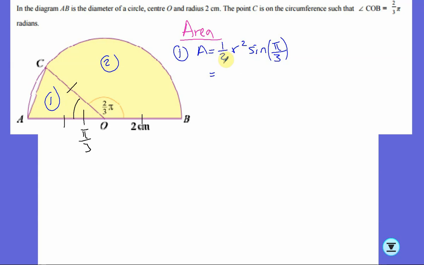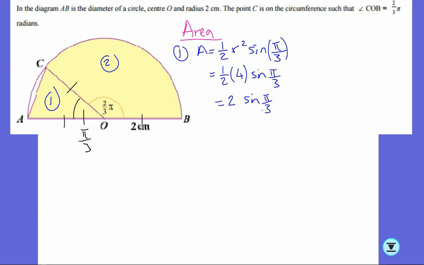Now we have the radius, so I probably should have put this in all at the same time. So that's going to be 4, right? 2 squared is 4, sine pi over 3, which is 2 sine pi over 3.